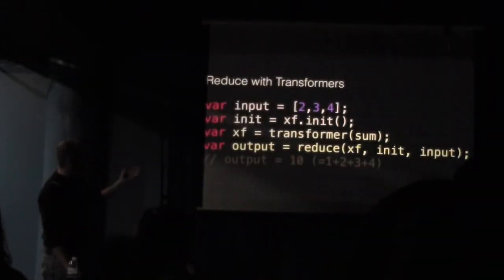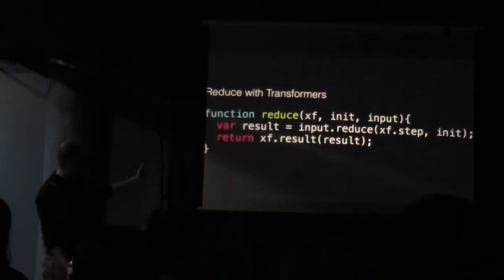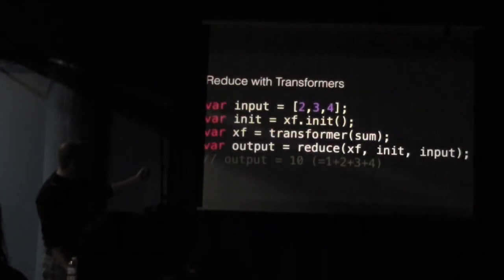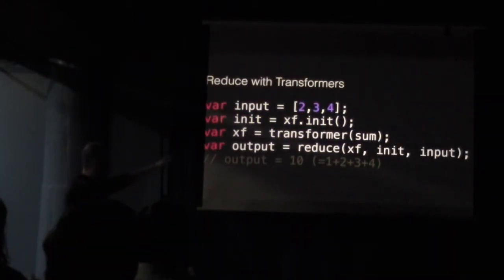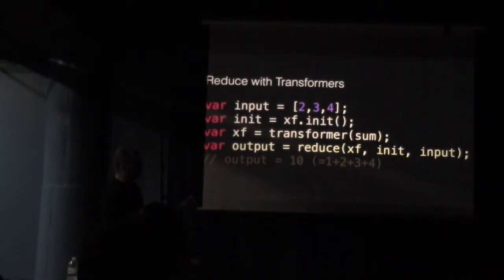Okay. So it's just walking through it again. We're using reduce, the function that we just created, with transformers. If you remember our init, we're just returning one somewhere. So init is one. We're passing in sum to this transformer method, which is just creating this transformer. So step is our transformer, but since our reduce accepts transformers, now we just pass it in.